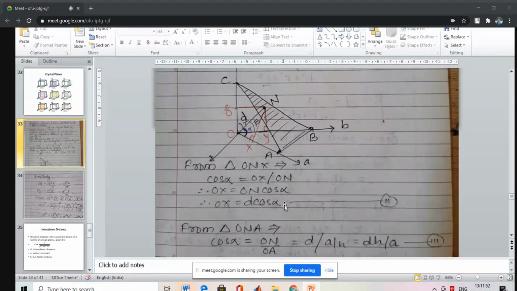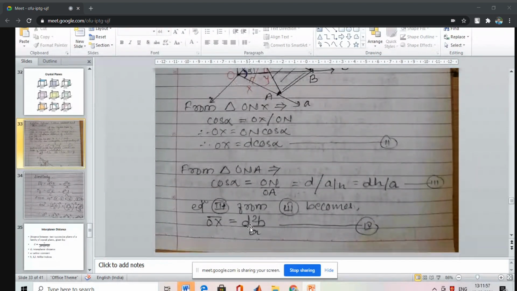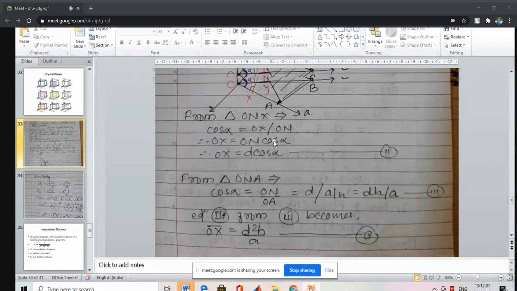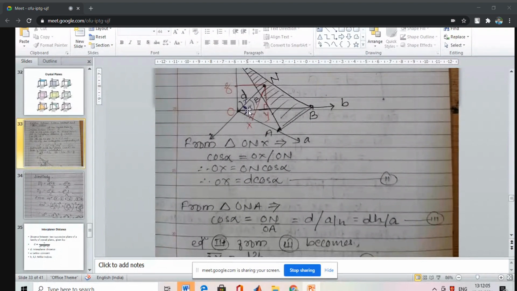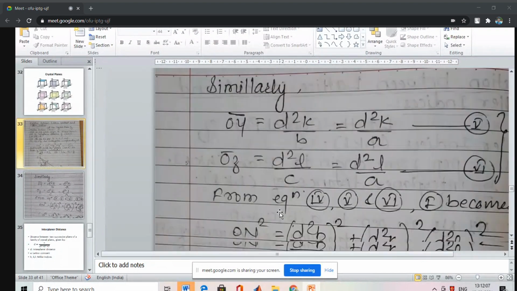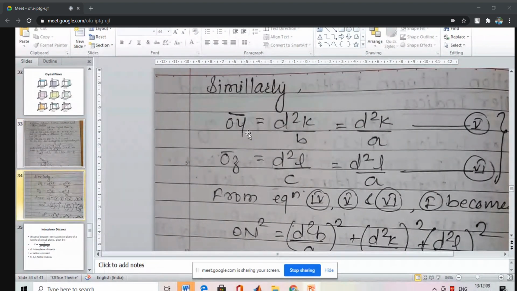Yes, ma'am. Okay. So OX we have calculated, d square h by a. Write this as equation number 4. Similarly, OY and OZ, you will do the calculations and see that it will come d square k by b.